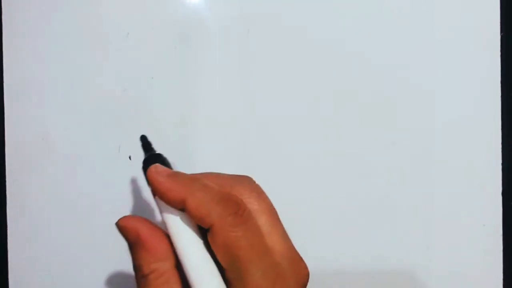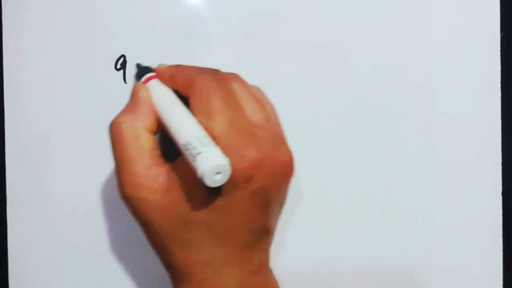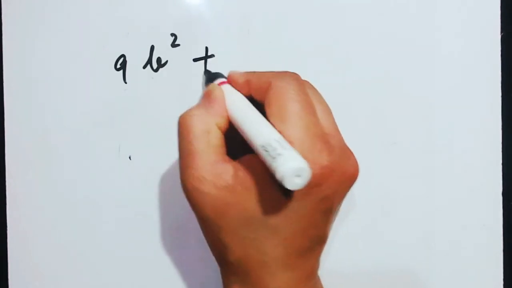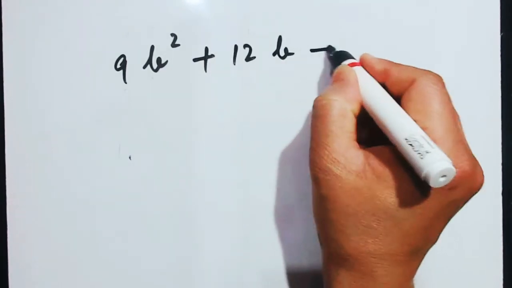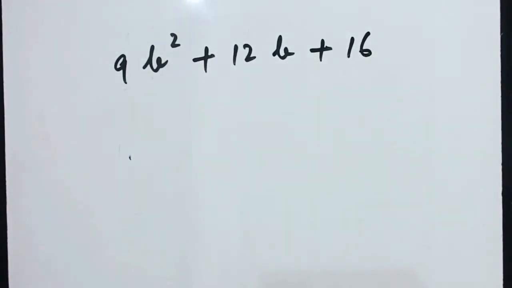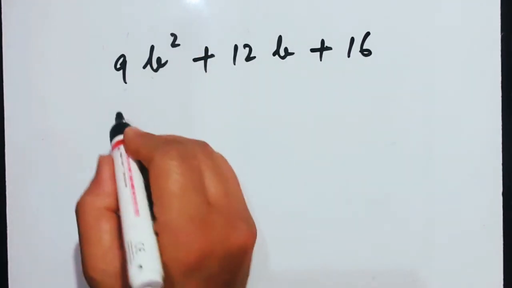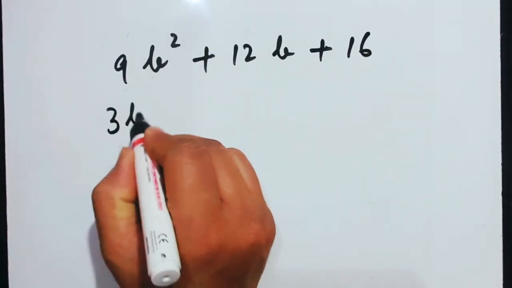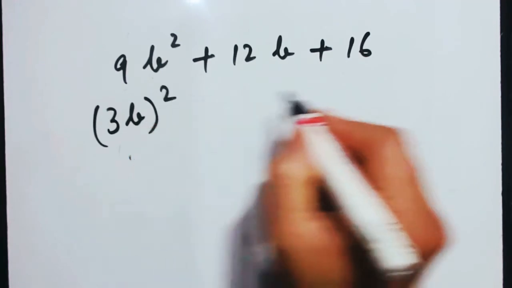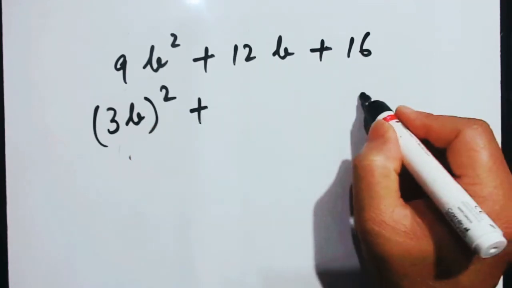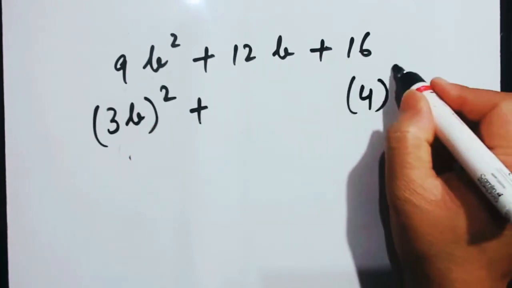So I am going to take 9b square plus 12b plus 16. Now this 9b square can be written as 3b whole square, while this 16 can be written as 4 whole square.